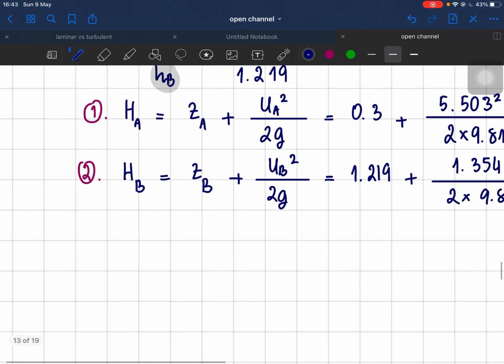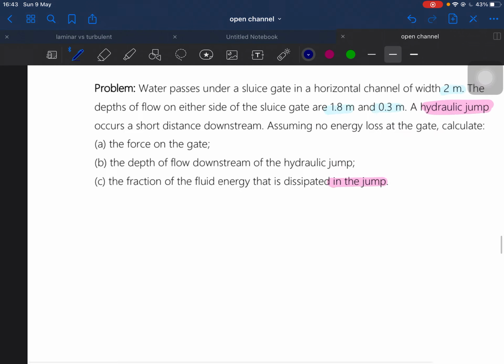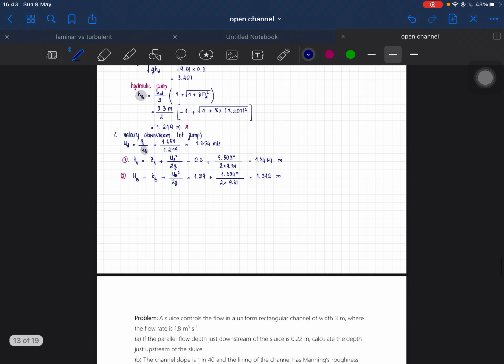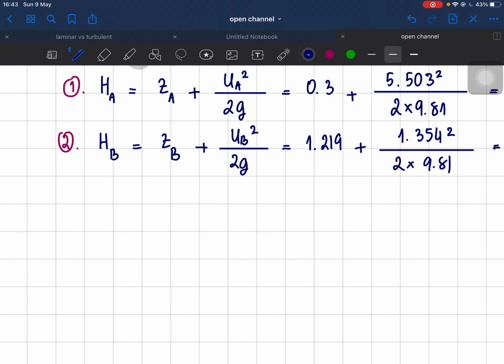So now the fraction, they're asking for the fraction, right? The fraction, they're not asking for each head. So the fraction here will be delta H over HA. Why is it HA? Because they're asking the fraction of the fluid energy that is lost, right? Okay, so now we have 1.843 minus 1.312.